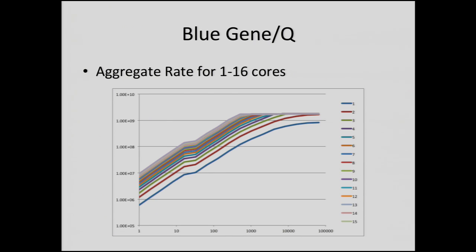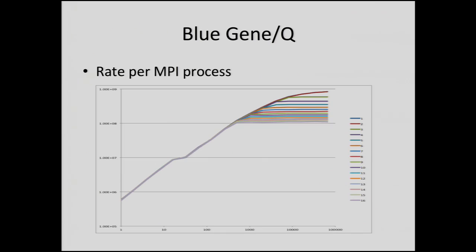And this is low. The Cray was up here, so the peak performance on the BlueGene is lower. And in this case, it's also sort of smoother. It keeps going up and then whack, it's a nice fast transition. And again, the rate per MPI process, all 16 curves are right in here.